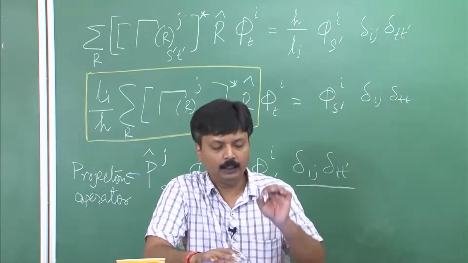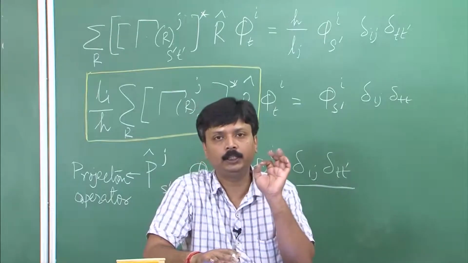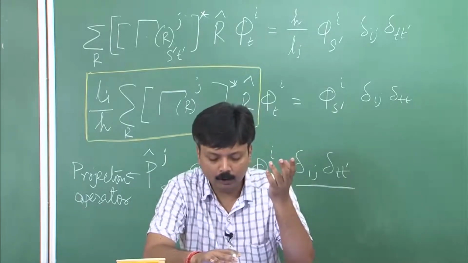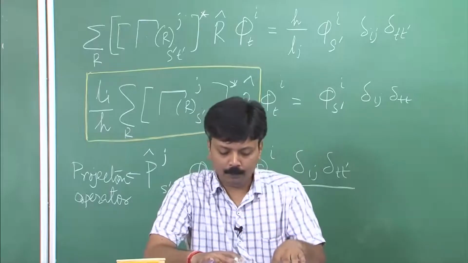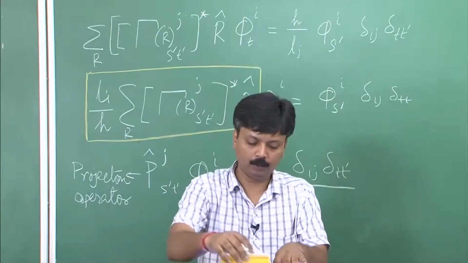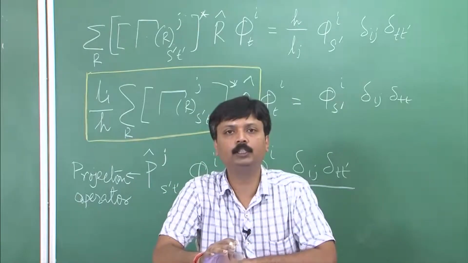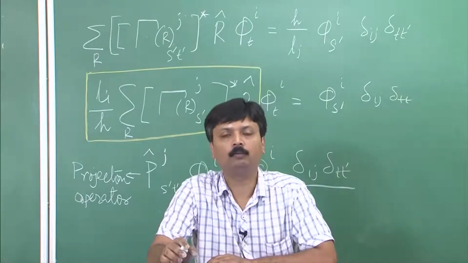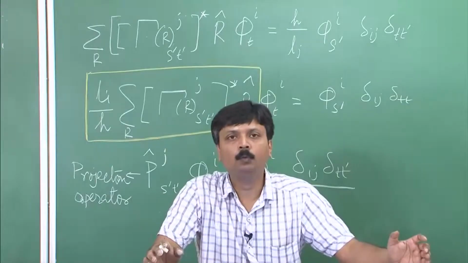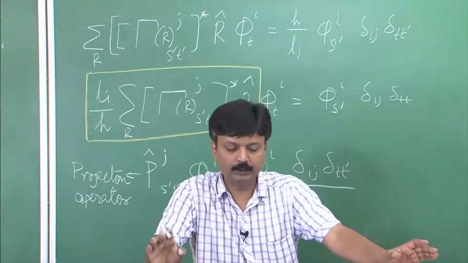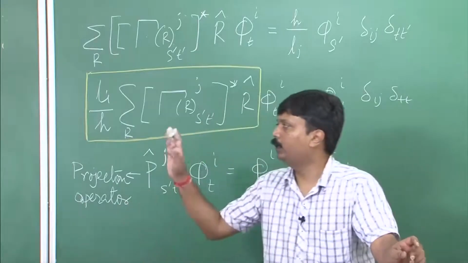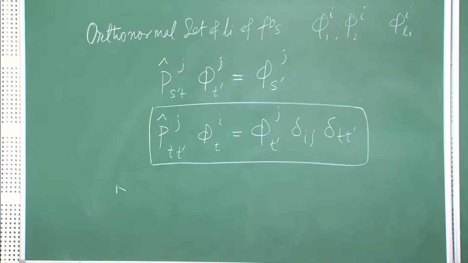So by using such projection operators based on diagonal matrix elements, we may generate from some arbitrary function phi t, a set of functions which will form the basis of the jth irreducible representation. So this is what we have as a projection operator.